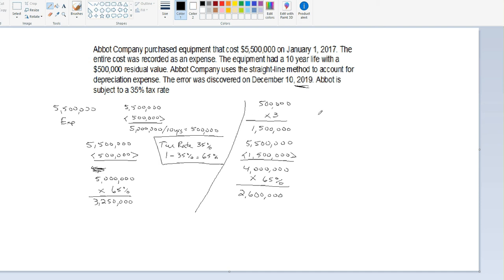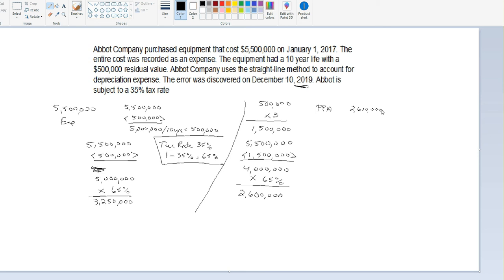So the way that we would correct this is, remember, we have this account called prior period adjustment, and we would debit 2.6 million. And then remember, net income is a credit balance. Sales are credit balance, expenses are debit balance. So if sales minus expenses, credits minus debits, if we have a profit, we should have a credit amount left over.